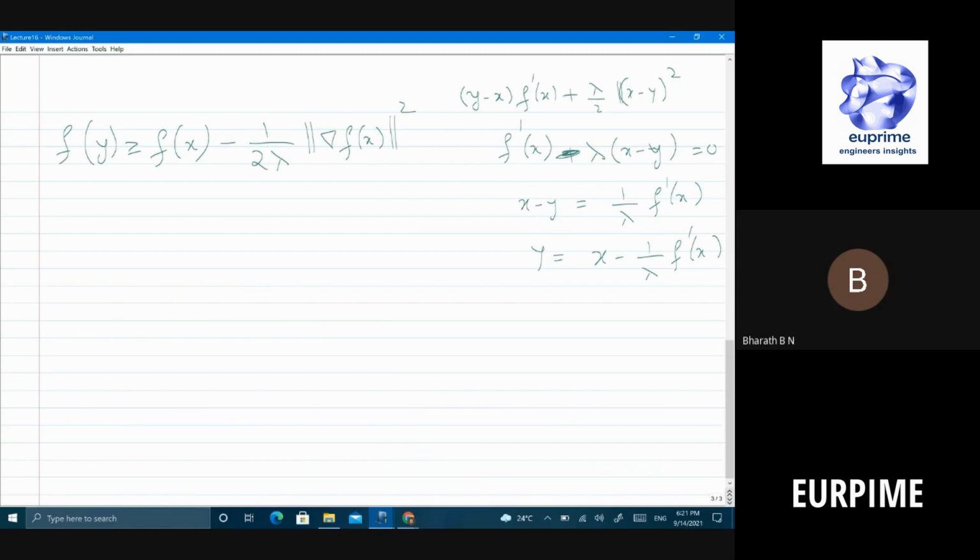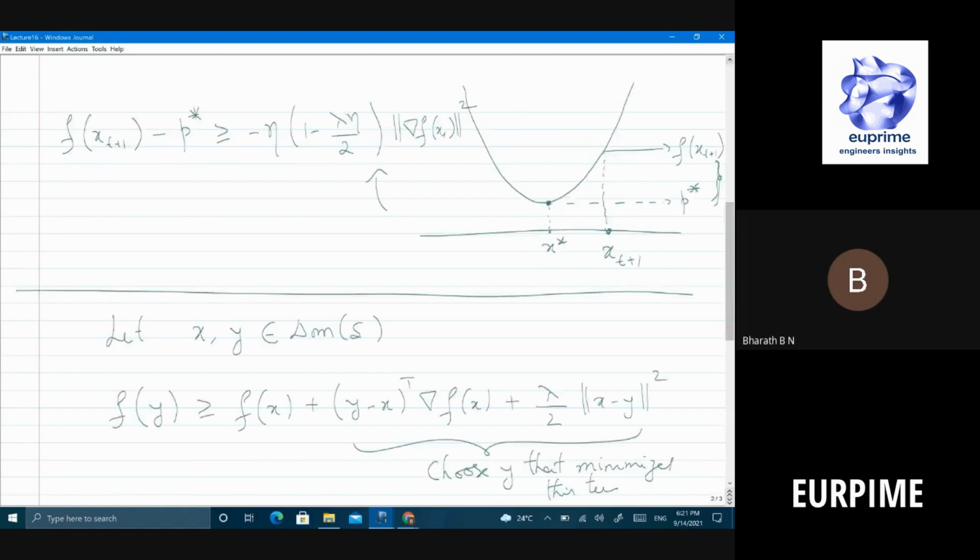So what is it that we have done? I think this is a little tricky. We have chosen two points, let's say x and y, for which this is true, right? But what I'm trying to do is make this as tight as possible.